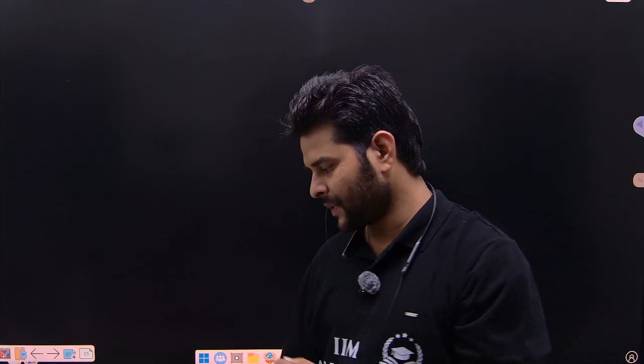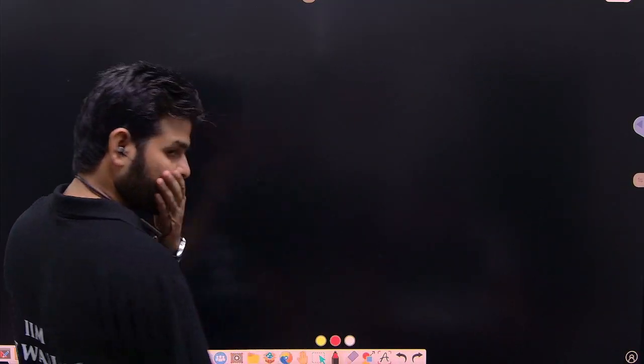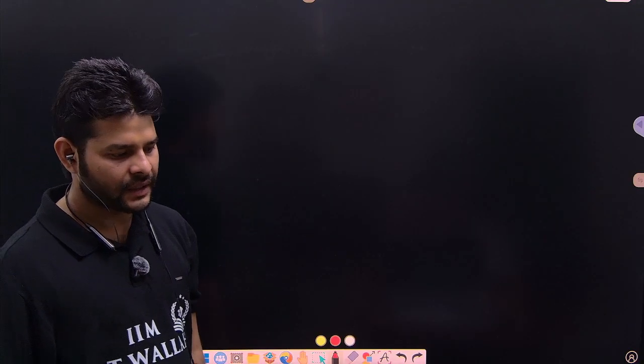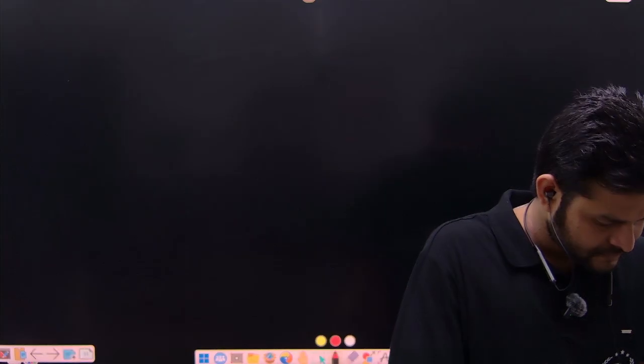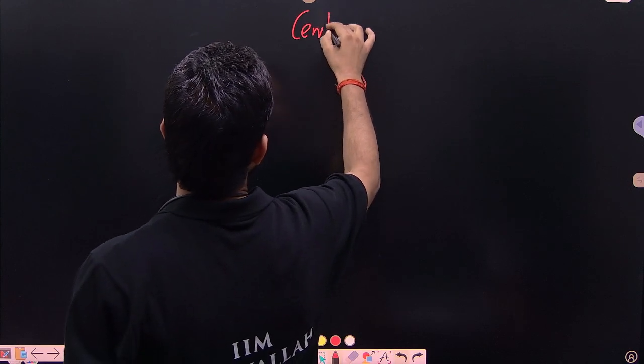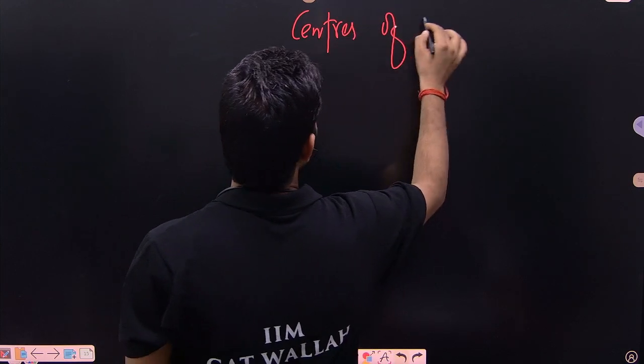We have completed two topics, congruency and similarity. So now the next chapter of geometry is centers of triangles. The next chapter is centers of triangles.